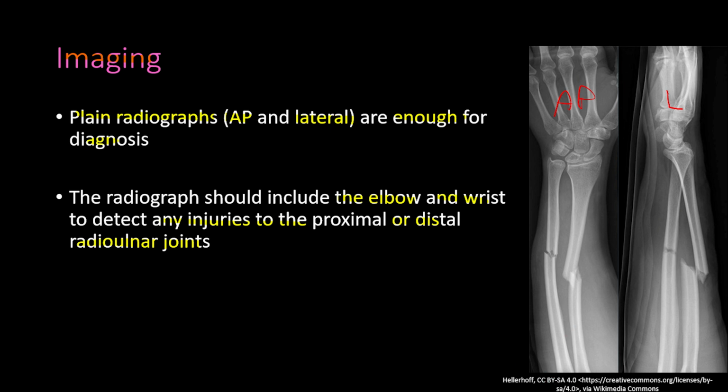So it's already one mistake on this x-ray. But anyways, it shows both forearm bones fractures, so a fracture to the ulna and a fracture to the radius. And you can see that there is displacement of the radius bone and there is minimal displacement of the ulna.